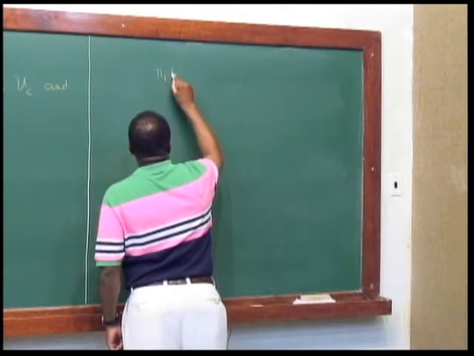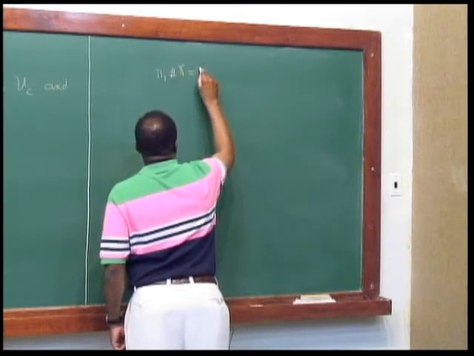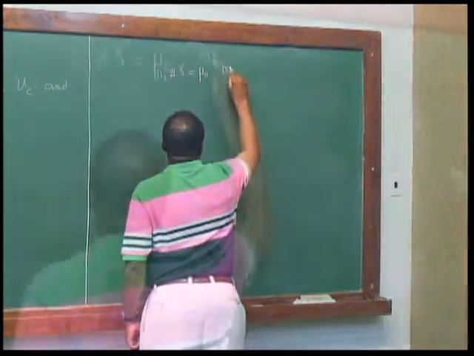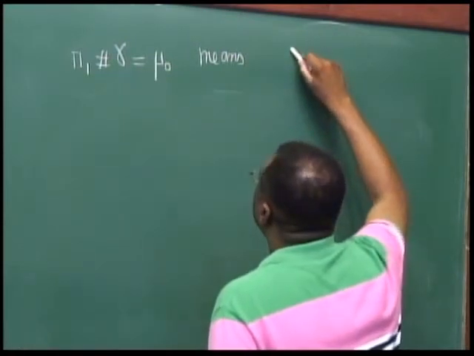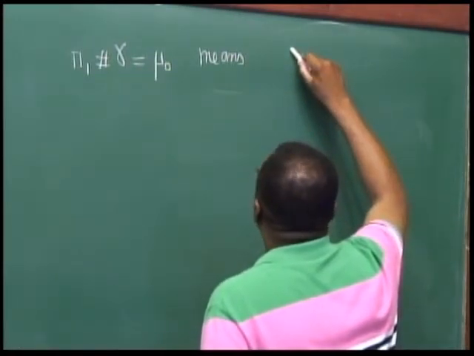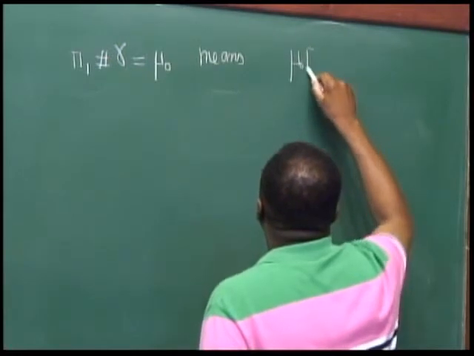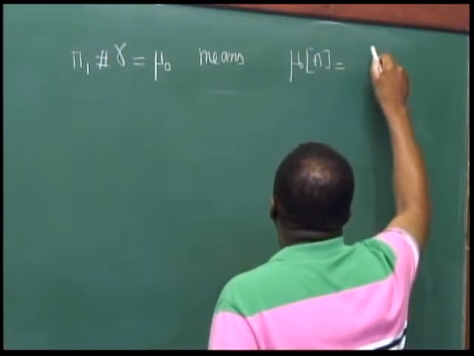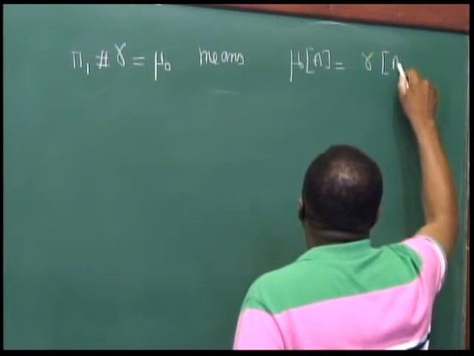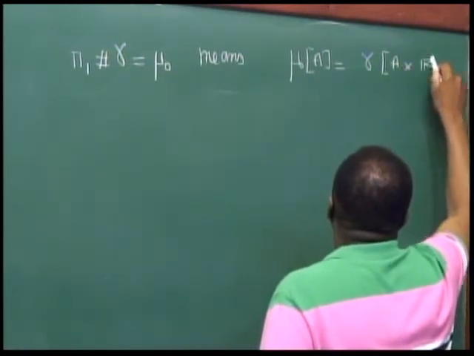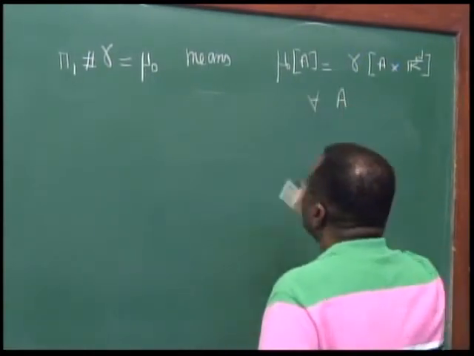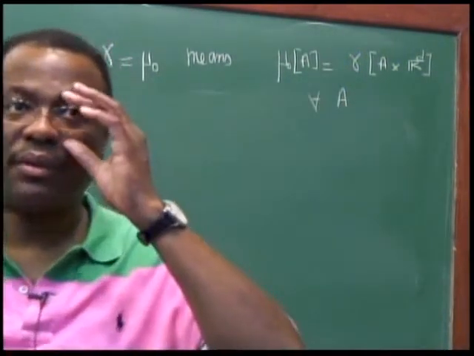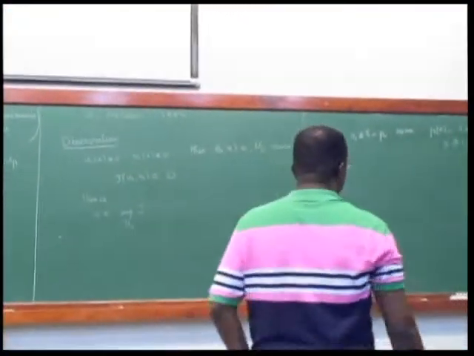Pi naught, pi 1 pushes forward gamma to mu naught, means that mu naught of A is gamma of A cross R^d for every A. So let me express this relation in terms of integrals.